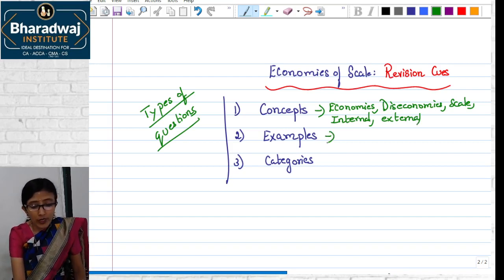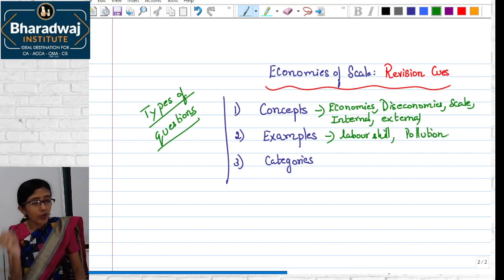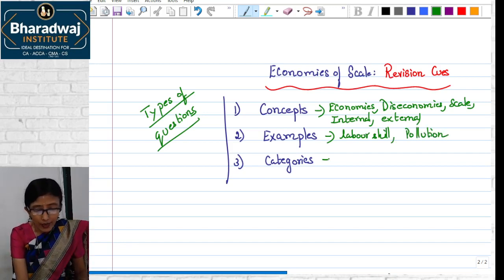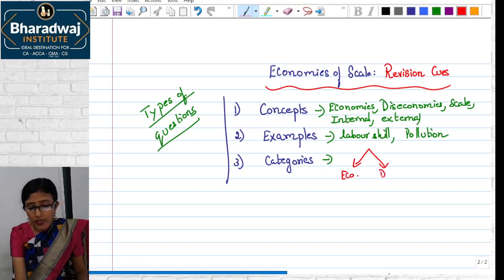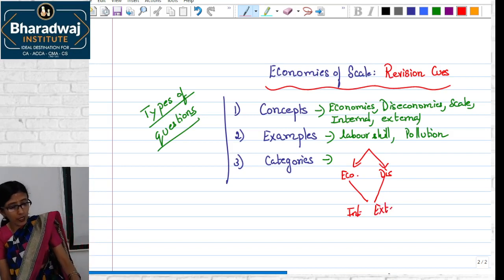Examples: whether labor skill is internal or external, pollution, internal or external, economies or diseconomies, like that. Categories: again, whether it is going to be economies or diseconomies, and there again, whether it is going to be internal or external. So this is how you are going to prepare for this particular topic.